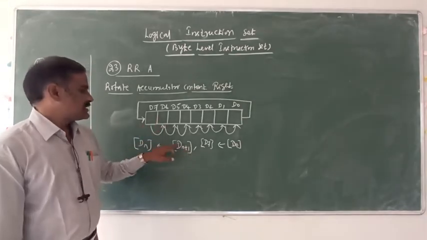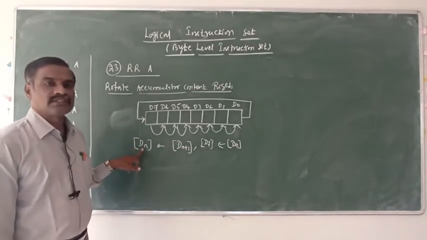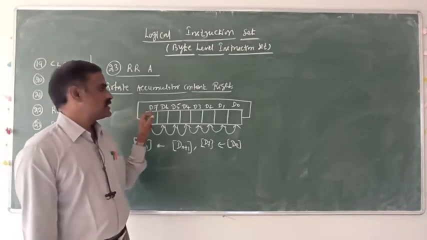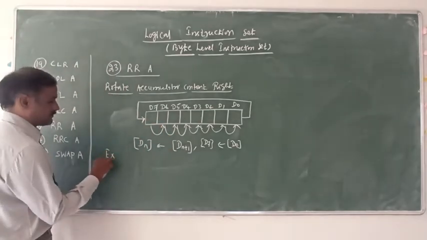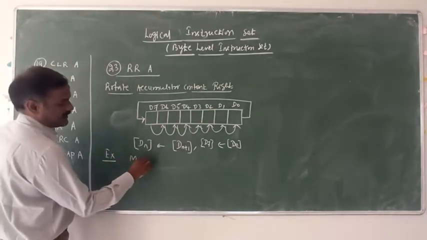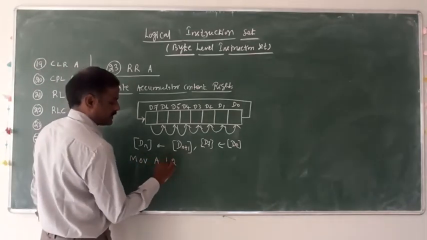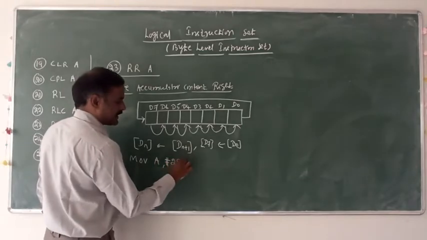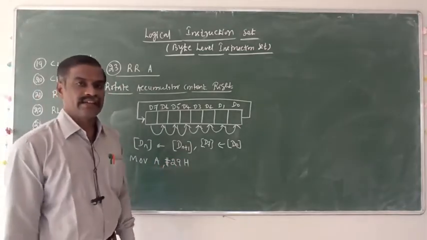Okay. 7th position data moves to 6th position. Okay. Towards the right side. Example: MOV A, #29H.